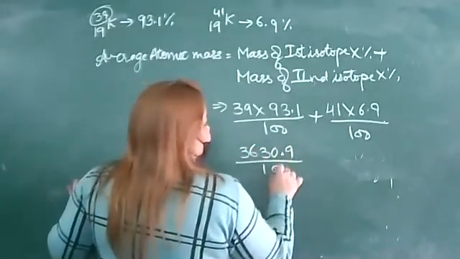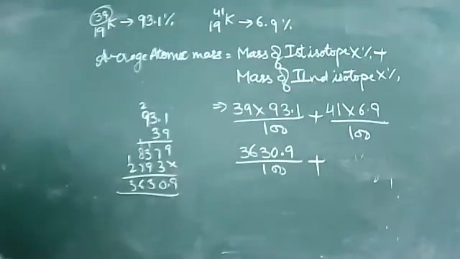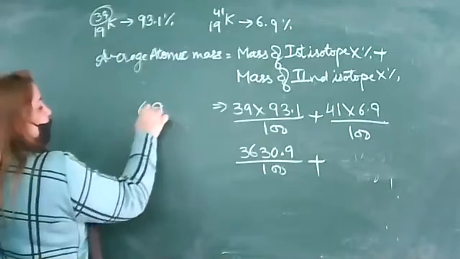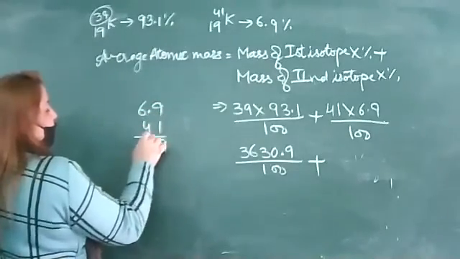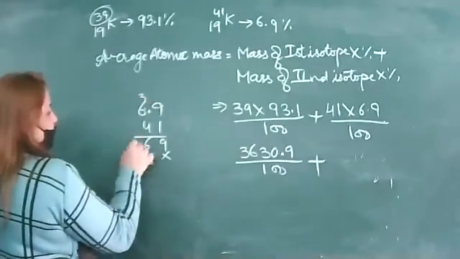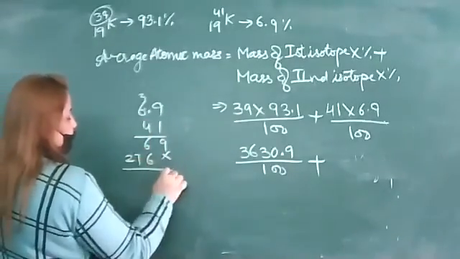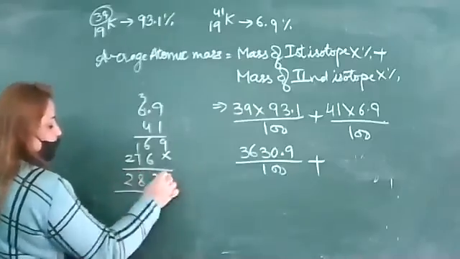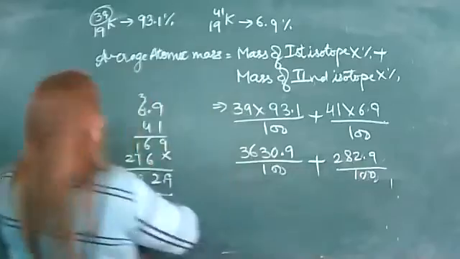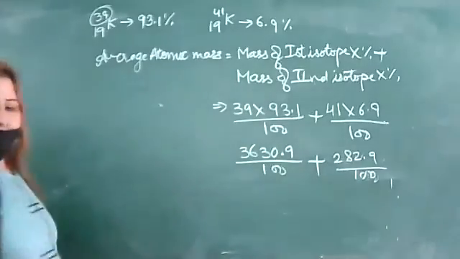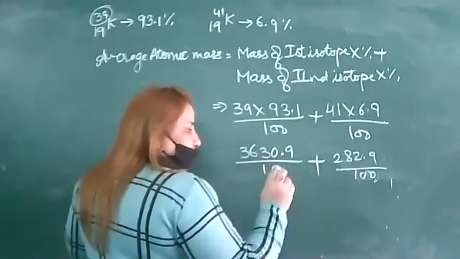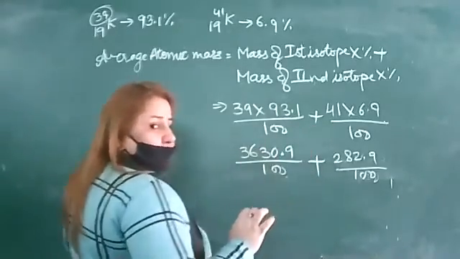3630.9 divided by 100 plus, now multiply the 6.9 with the 41, 282.9 divided by 100. Now solve this. What we can do is take the LCM first, or we can convert to decimal.